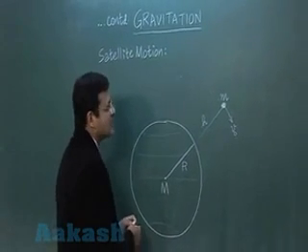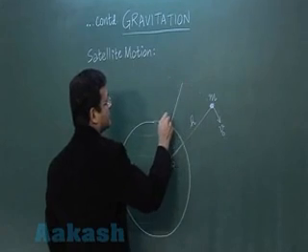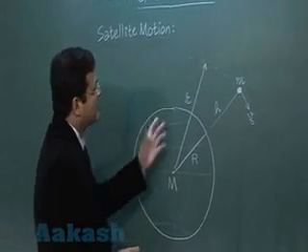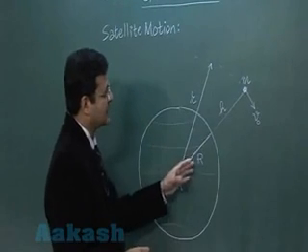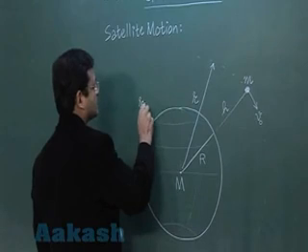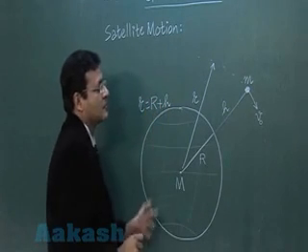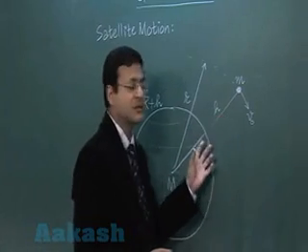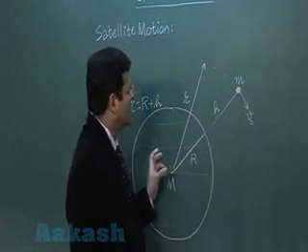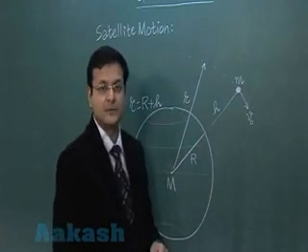So the radius of the circular orbit is small r, and this small r can be written as capital R plus the altitude. The height of the satellite from the surface of the Earth, which you call altitude, is small h, and the radius of the circular orbit is small r.